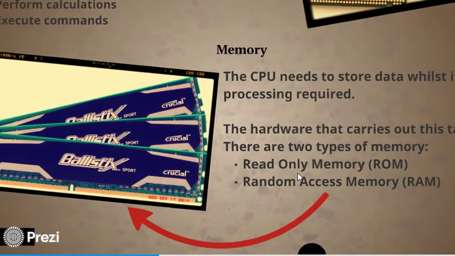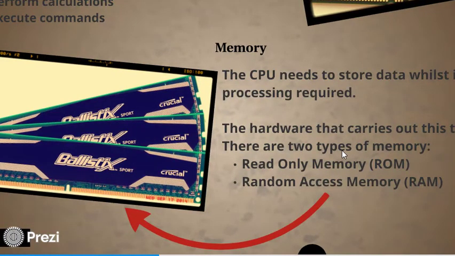Now the ROM is an example. The ROM holds the basic input-output system of your computer, and when you turn on the computer, it is responsible for checking the essential parts of your computer for it to boot up. It checks if the memory, the RAM, is there, if the video card and the processor are okay, and everything else that's essential for turning on, and then it boots up.